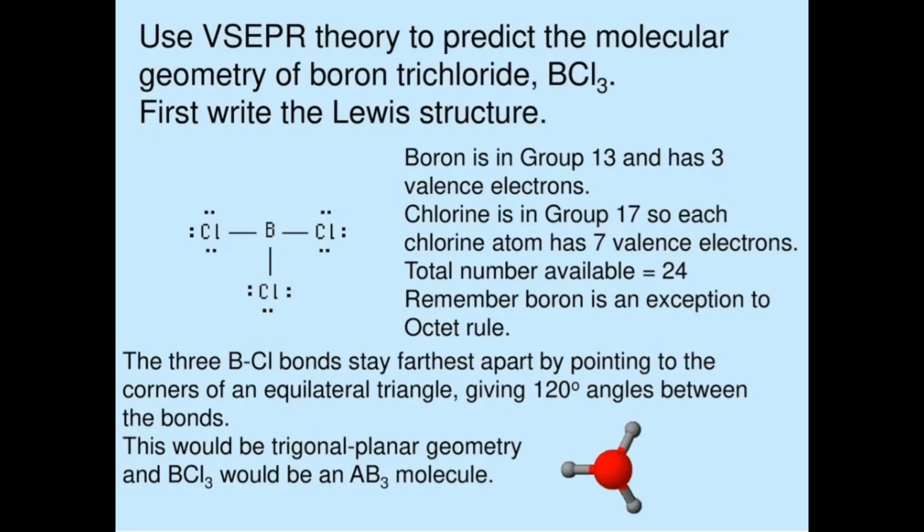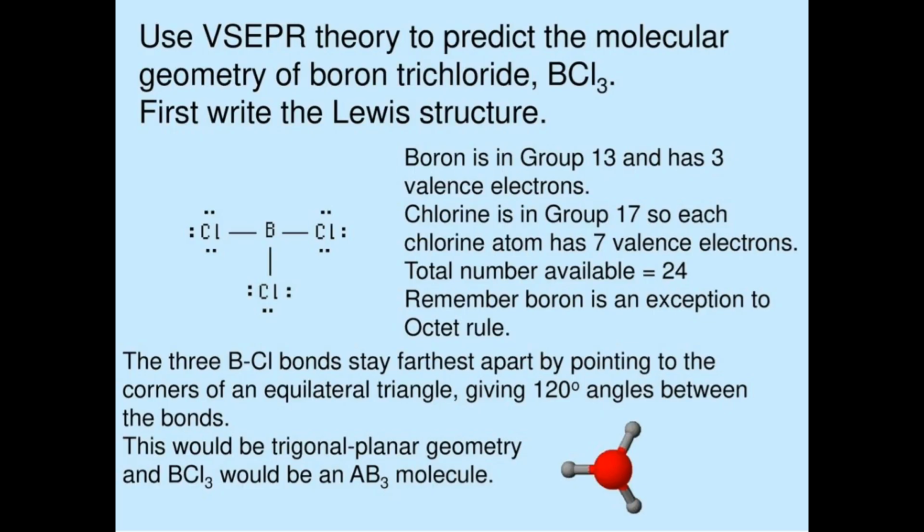Okay, let's look at using VSEPR to predict the molecular geometry of boron trichloride. If you write the Lewis structure, it's important to learn how to write Lewis structures. This is how the structure is. There is no lone pair on boron.